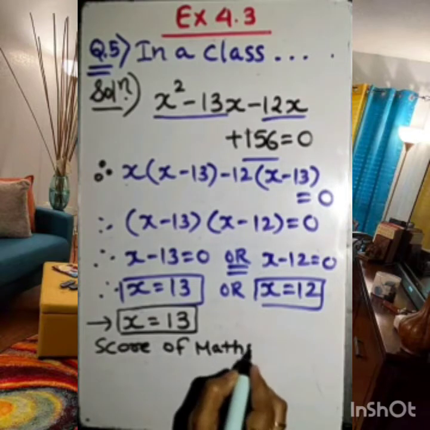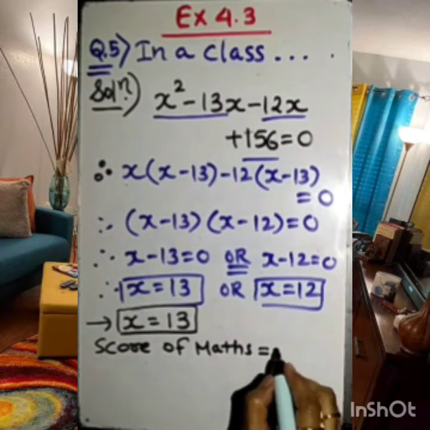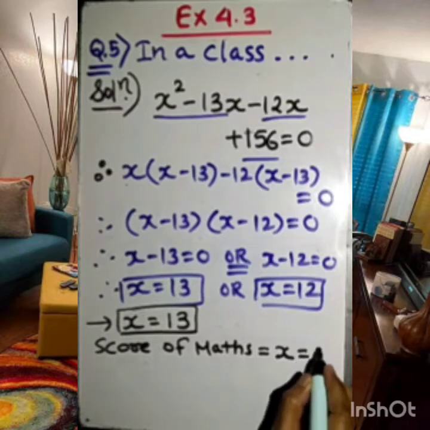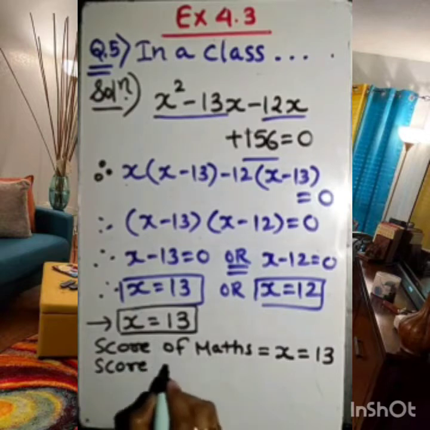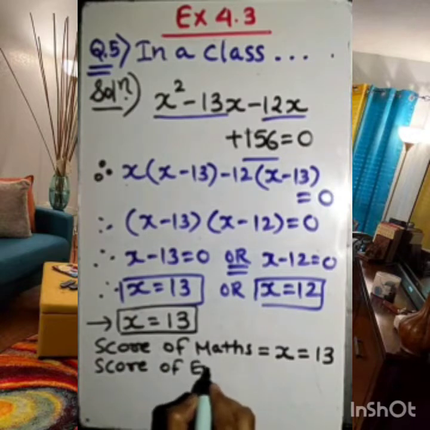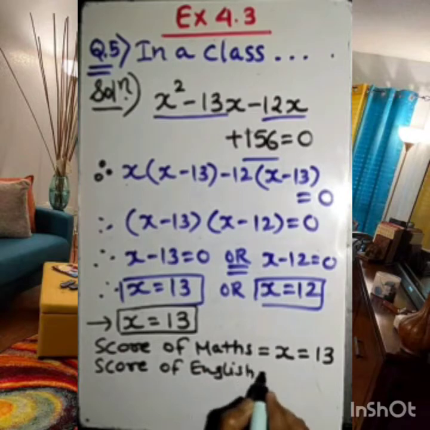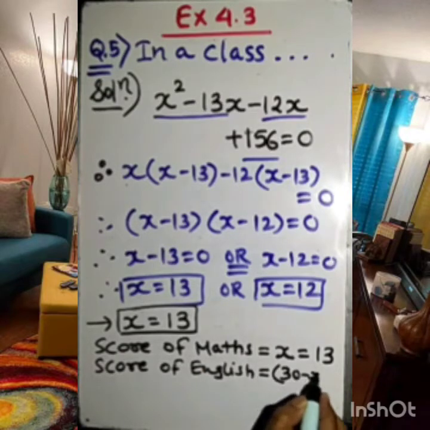You know very well it is X we have considered, so it will be 13 marks. Agree? And along with that, what was the score of English at that time? We know that it is 30 minus X. So in such a case, 30 minus X indicates 30 minus 13. What is 30 minus 13? Of course, it will be 17 marks.